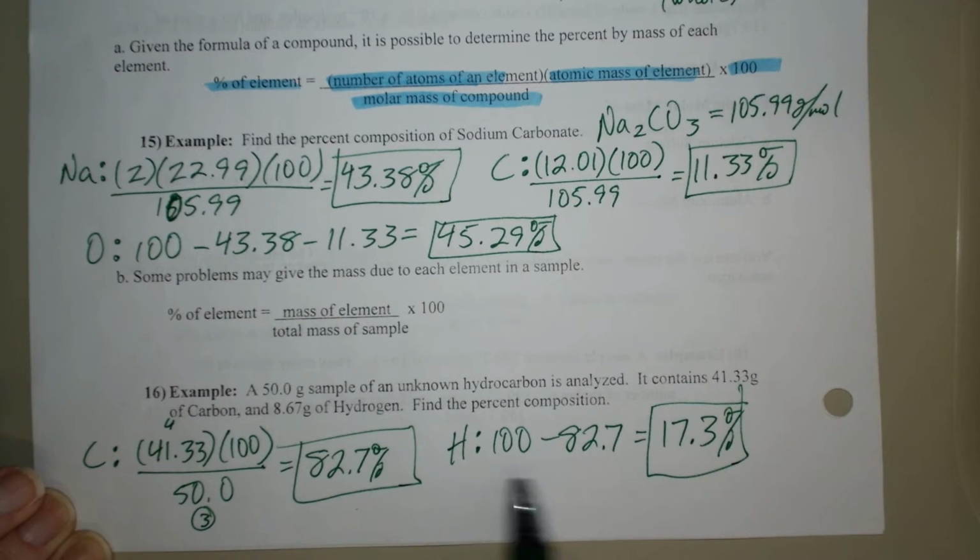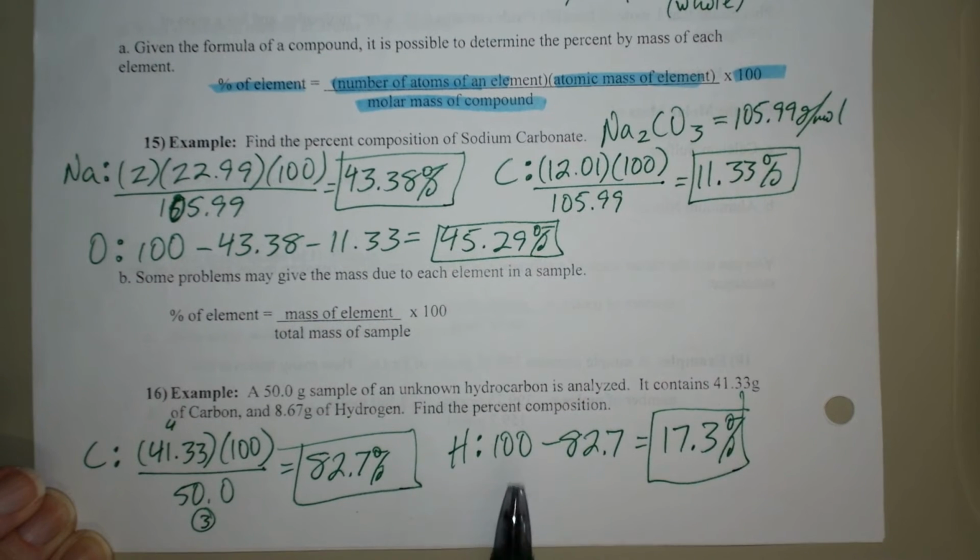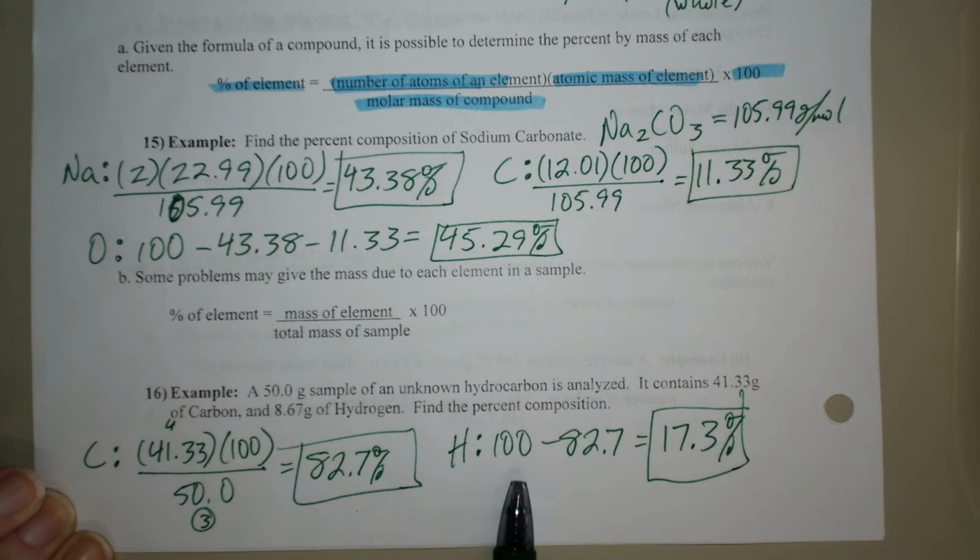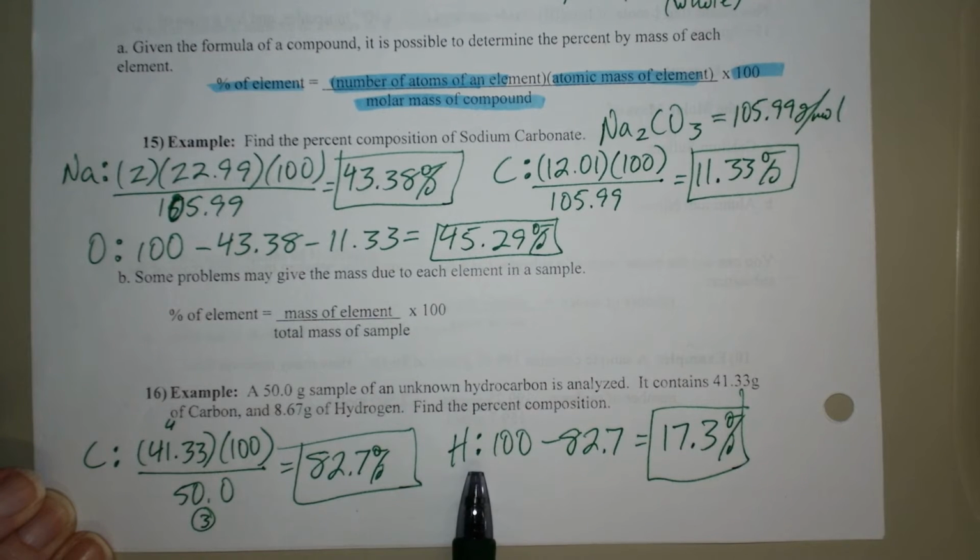When you do subtraction rules, it's by the least number of decimal places, but 100 is kind of arbitrary here because it's what your percents should add up to, so it's kind of like a constant, so you can't use that for sig figs. Your number that you are using is 1 place past the decimal, so your answer must be 1 place past the decimal. Okay?